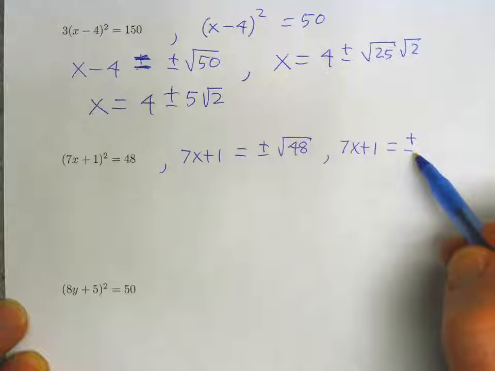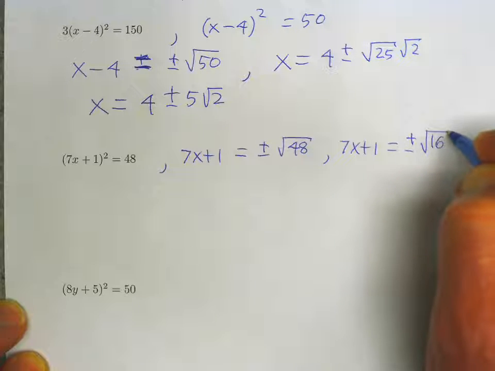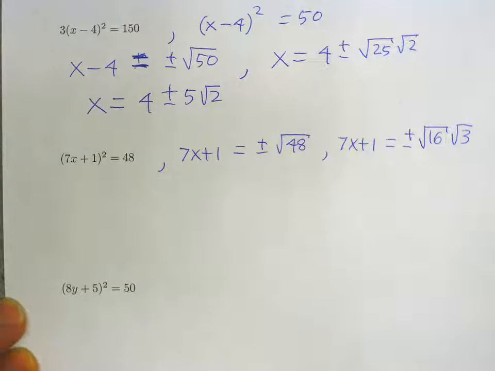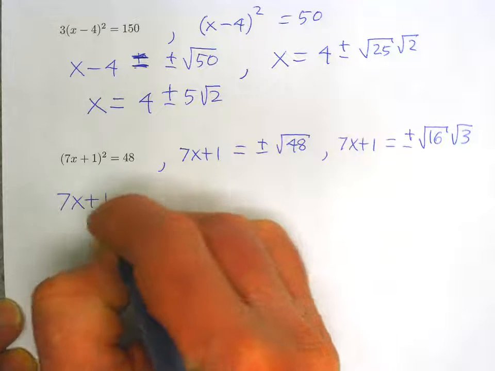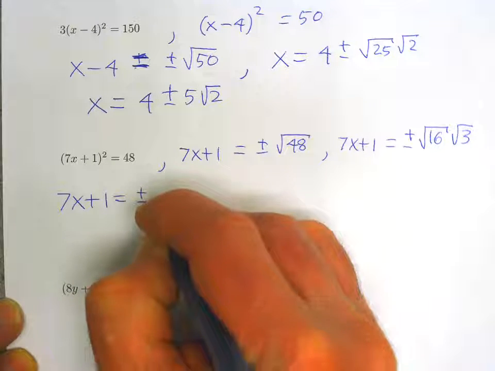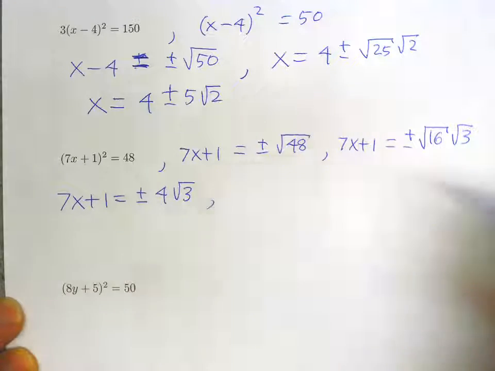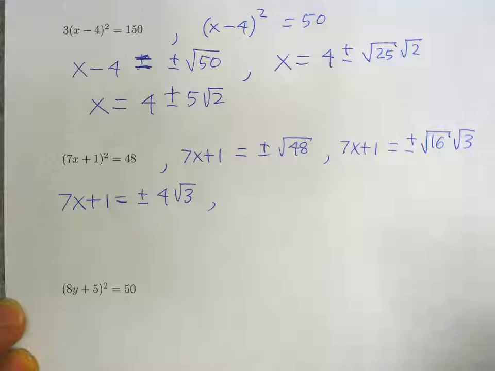So we can write this as positive and negative square root of 16 times the square root of 3. And then in the next step, I'll write 7x plus 1 equals positive and negative 4 times the square root of 3. Okay, then in the next step, we'll subtract 1 from both sides.